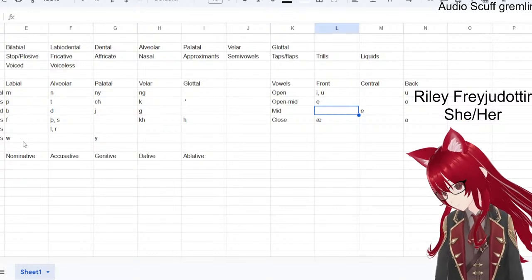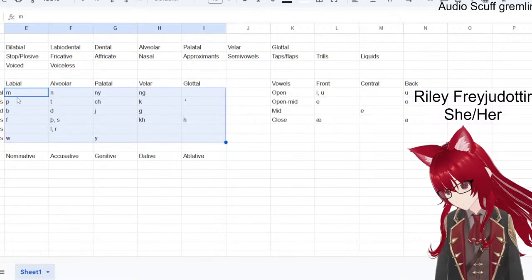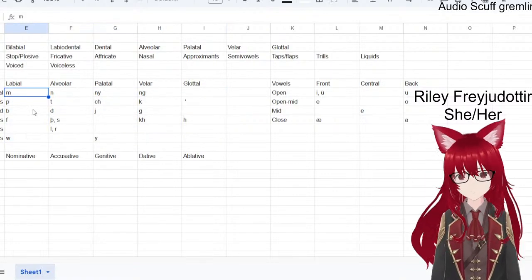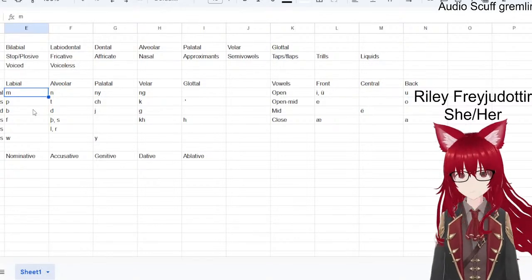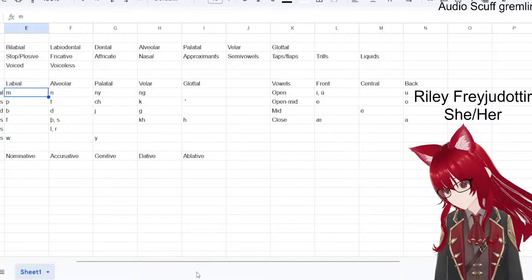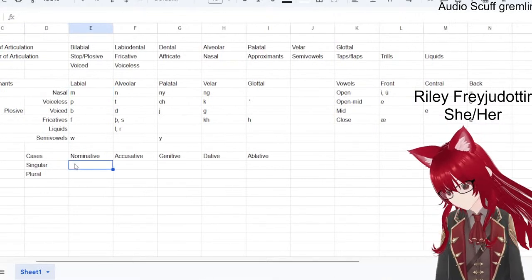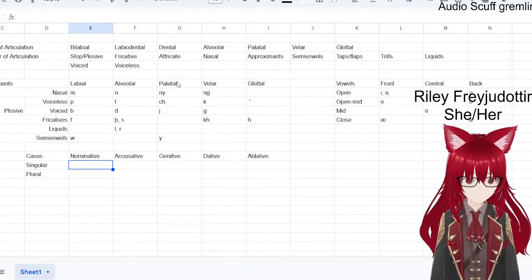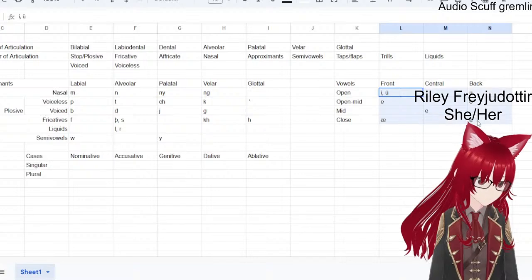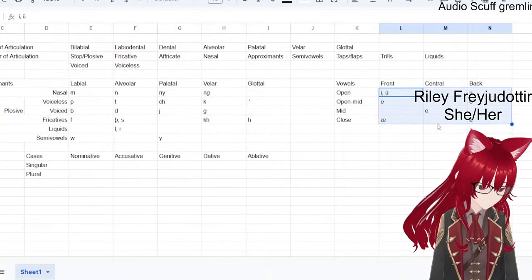Although I think this is more sounds than the majority of the world might have. Some languages have very few sounds. Hawaiian had like 13 different phonemes, which is not many. English has way more than this too. English has like 19 different vowel sounds.